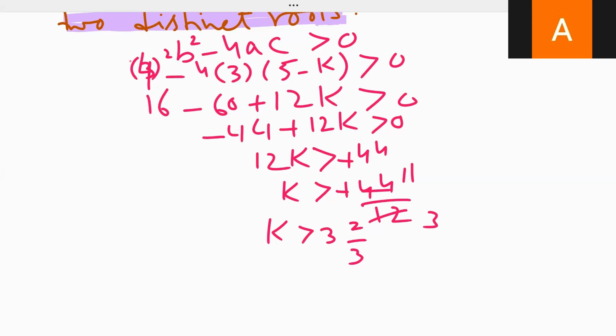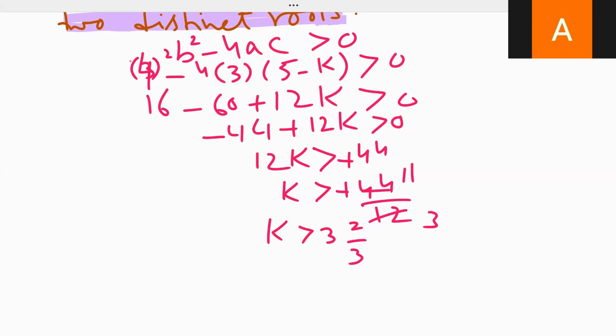The point of intersection tells you the nature of the root. So instead of doing all these things, you first apply the rule that you follow in the case of simultaneous equations. You change into a single variable, and then you apply these conditions: discriminant is greater than 0, or less than 0, or equal to 0, to find the value of unknowns.